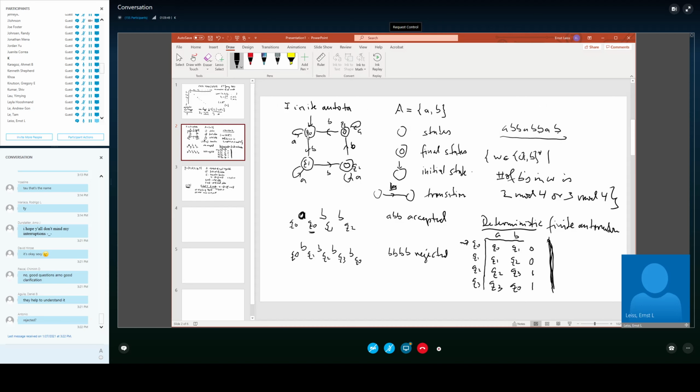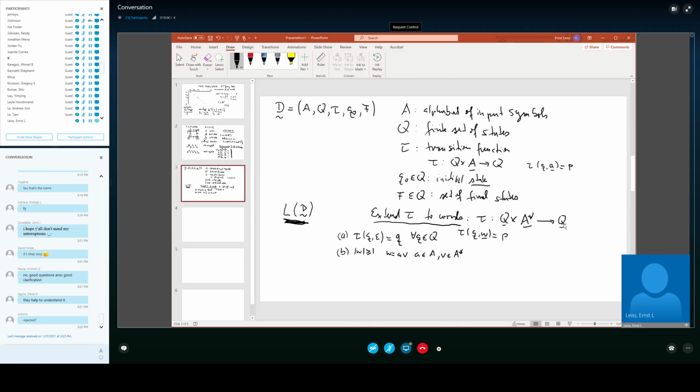And that's, of course, what we do when we go through this transition with our finger. Essentially we take a letter and use it up to do that transition, and then we take the next letter and use it up to do the next transition, and so forth. That corresponds to looking at the leading letter of the word, and so we have tau of Q and W, which is of course tau of Q and AV.